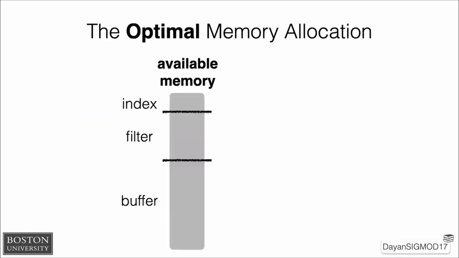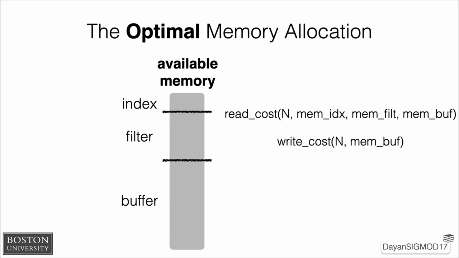So this work served as a building block, along with an analysis quantifying the read cost as a function of the data size, of course, but also the memory allocated to indexes, the memory allocated to the Bloom filters as a whole, and the memory allocated to the buffer, and the write cost also as a function of the data size and the memory allocated to the buffer.